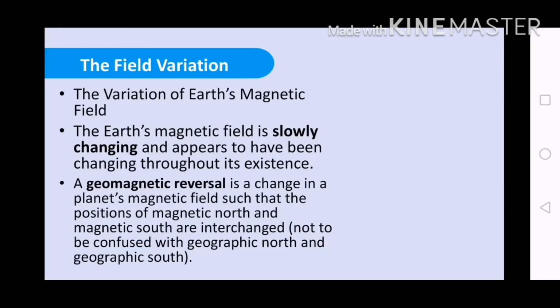But nowadays, the south magnetic pole is in the north and the north magnetic pole is in the south, so it is opposite. A geomagnetic reversal is a change in a planet's magnetic field such that the positions of magnetic north and magnetic south are interchanged, not to be confused with geographic north and geographic south, as I said.